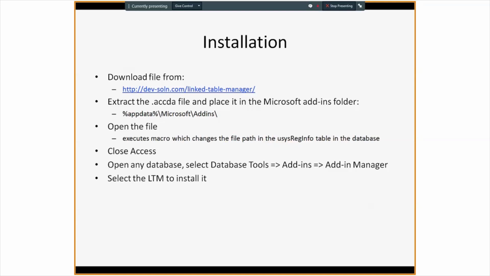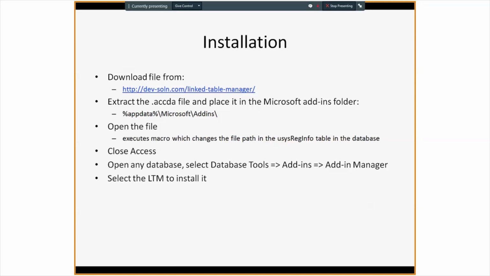But you don't have to type all that in. If you just type in the percent appdata %, it'll take you to the correct folder. And in some versions of Office installation, that ends up being slightly different than the folder name I just told you. So it's easier just to use the appdata prefix here, and that'll take you where you need to go.